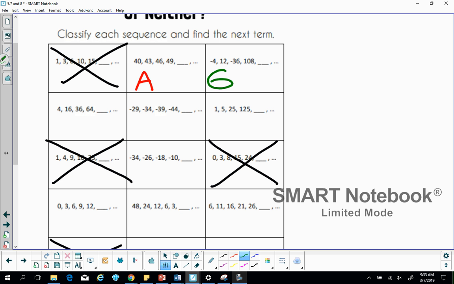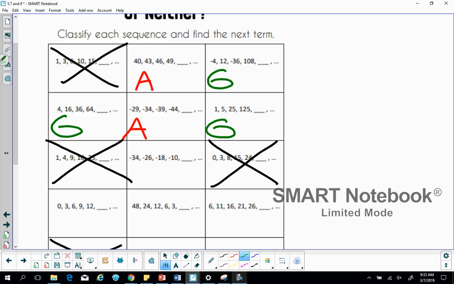Yep, geometric because we're multiplying. Kamari, what's this one? G. G. Keandra, what's this one? A. Kimberly, what's the next one? G. Yaslin, what's this middle one right here?